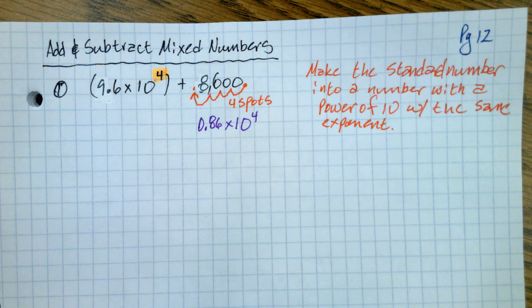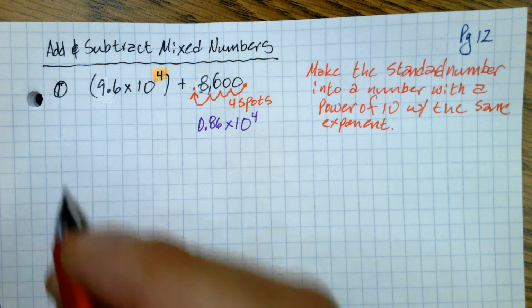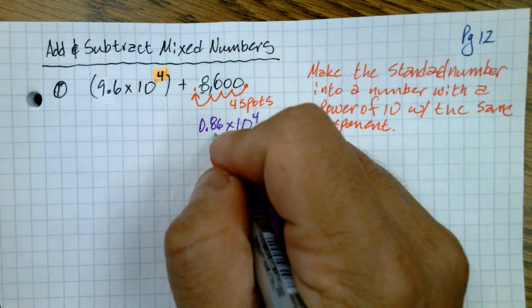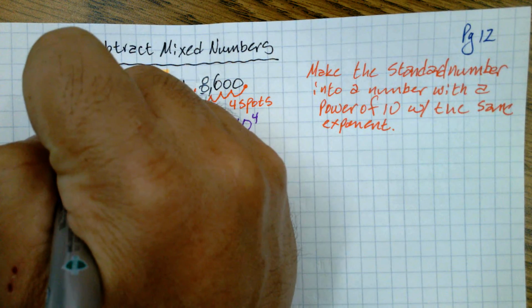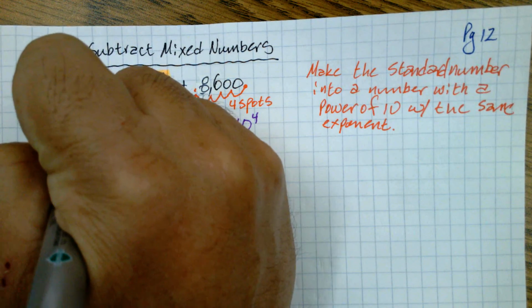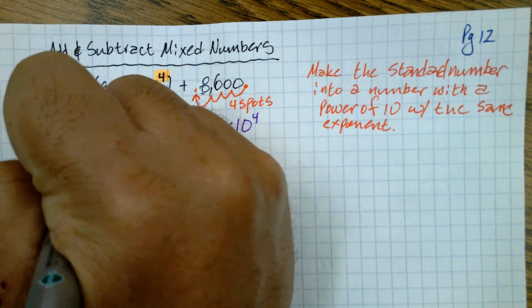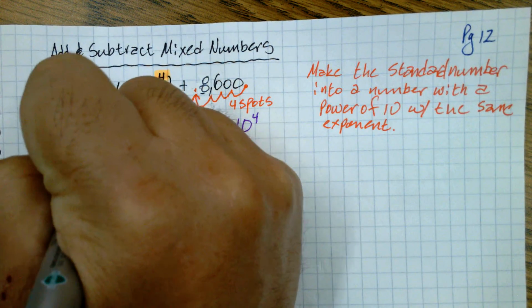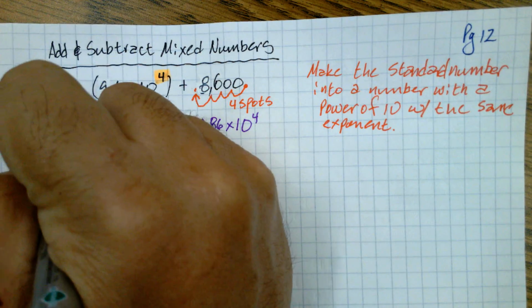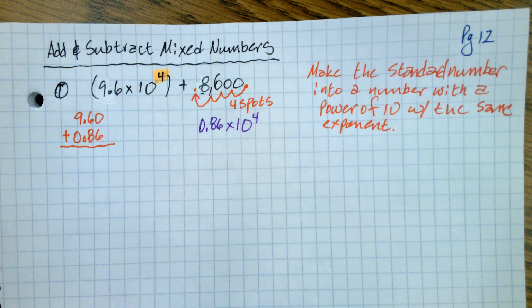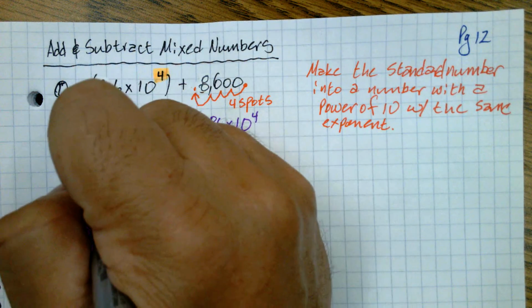So let's go ahead and add these numbers. I'm going to add 9.6 with 0.86. 9.6, and I guess I need another 0. 0.86. Let's add these. Let's see, I got a 6.